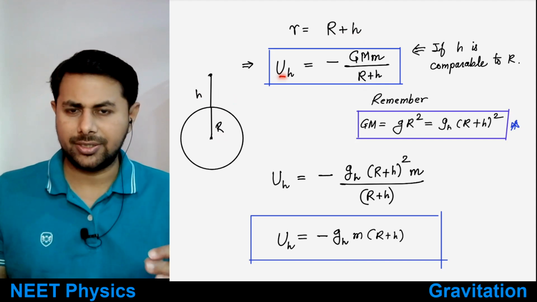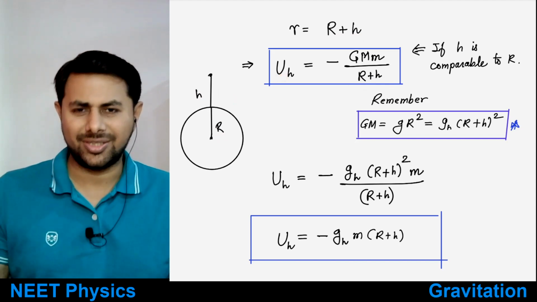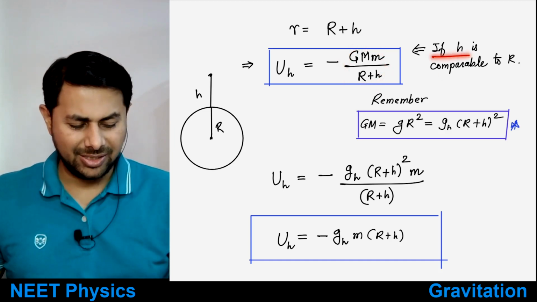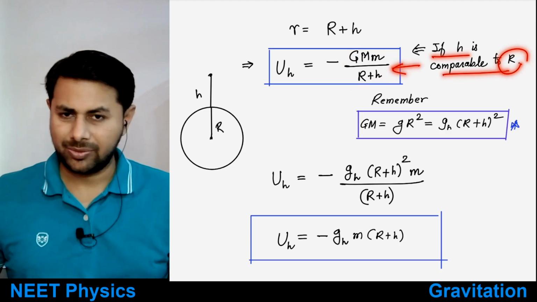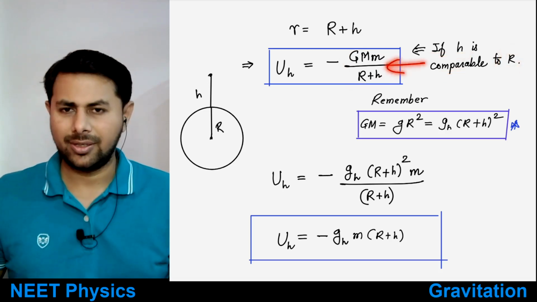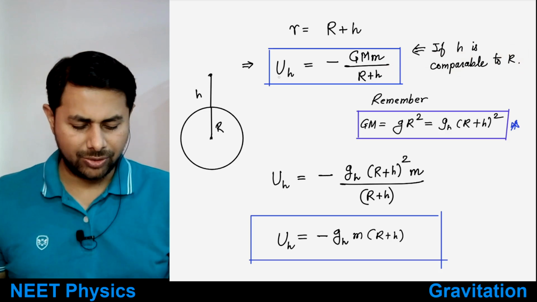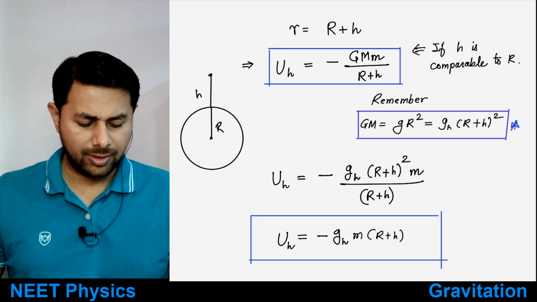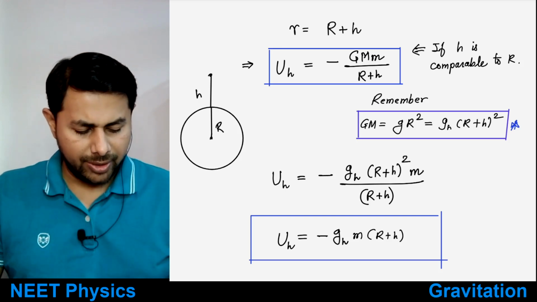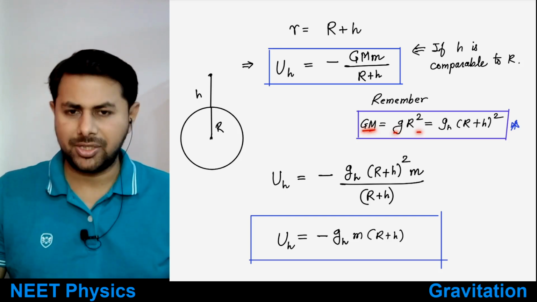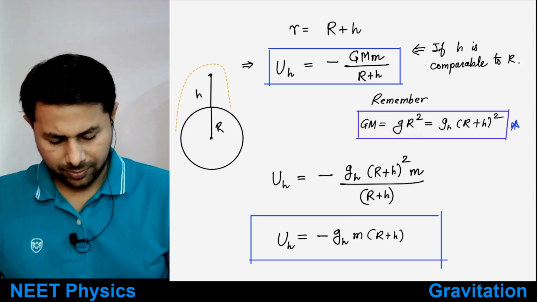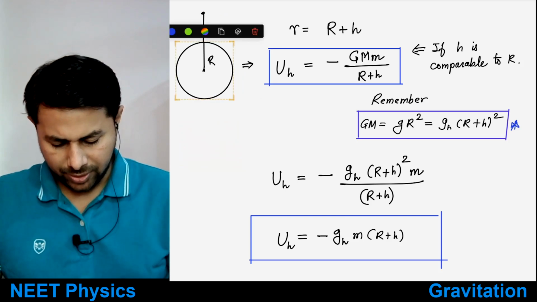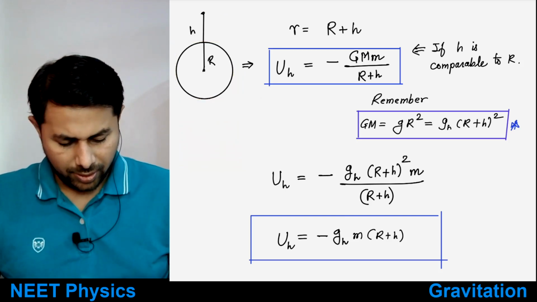So this is the potential energy at height h above the Earth's surface, and this is the correct formula now. If h is comparable to R, we should make use of minus of GMm divided by R plus h. And if you remember, GM is equal to gR squared. How?